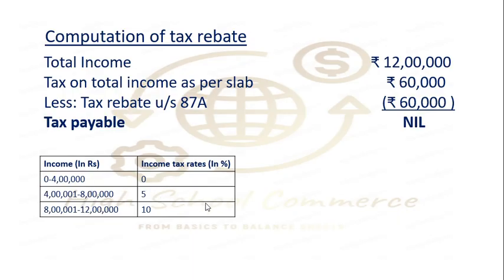So 0 plus 20,000 plus 40,000, 60,000 is the tax that we are supposed to pay, while our total income is 12 lakhs. Now, if we want to avail the tax rebate, we are allowed, because the assessee's total income equals 12 lakhs. So our tax rebate is 60,000 as per 87A, and our net tax payable amount is nil.